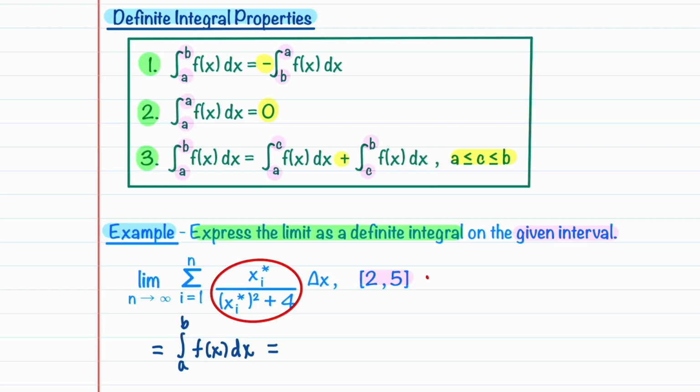And then over here, we can see that a is 2 and b is 5. So we can write down that this is the integral from 2 to 5 of x, all divided by x squared plus 4, and then instead of a delta x, we're going to have dx. And there's our answer.